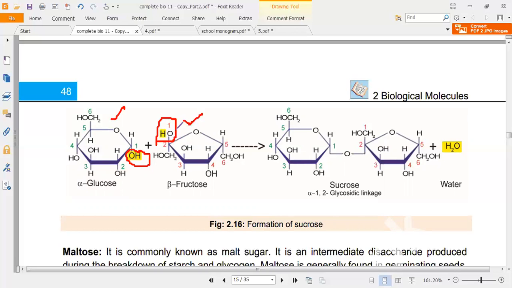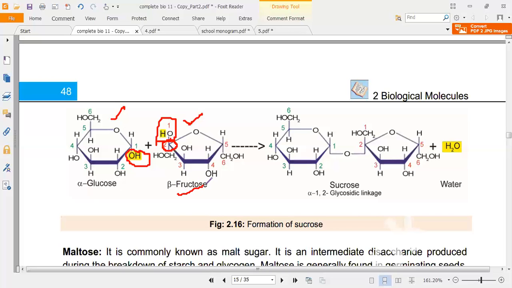Carbon number 1 is outside, but actually on carbon number 2 we have the hydroxyl group, and it is above in the orientation, that's why it is called beta fructose.